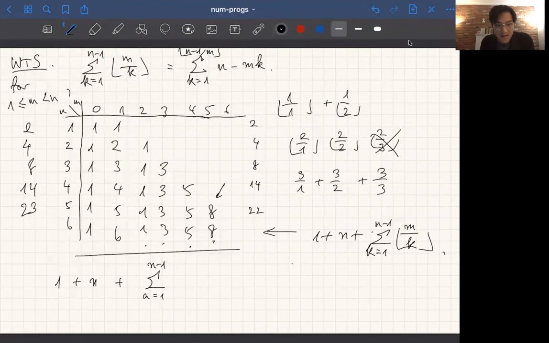And once we fix an a, what are the possible choices for r? r can go from 1 up to n minus 1 over k. Oh, hang on. What is it? So the constraint is that a plus k minus 1. Oh, are we summing over length here? Sorry.